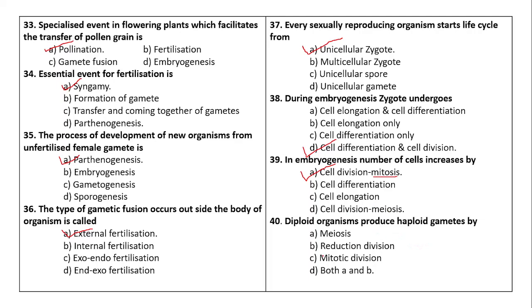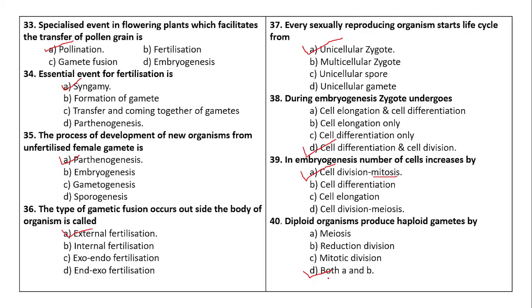During gamete formation, reductional cell division will take place. And what do you mean by reductional cell division? Nothing but meiosis. So here the options given are: option A, meiosis; option B, reductional division; option C, mitotic division; option D, both A and B. So the answer is both A and B, because meiosis and reductional division are one and the same.